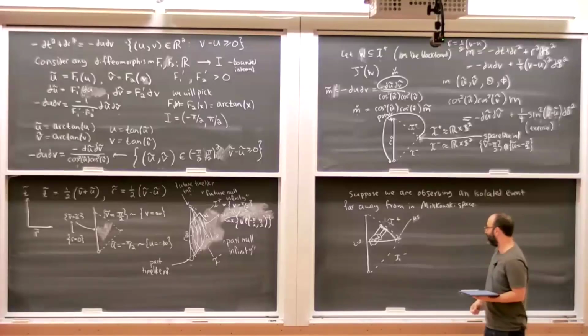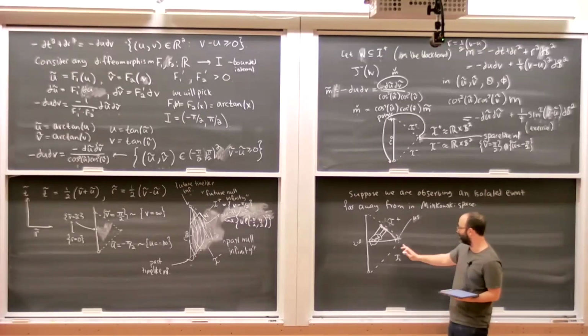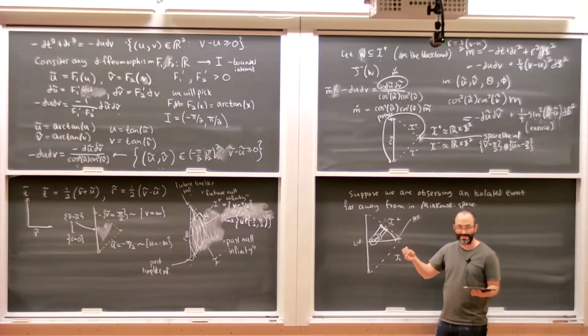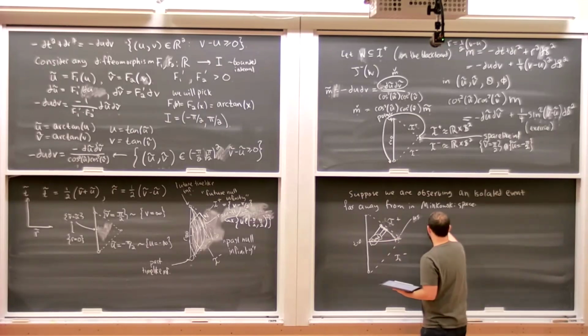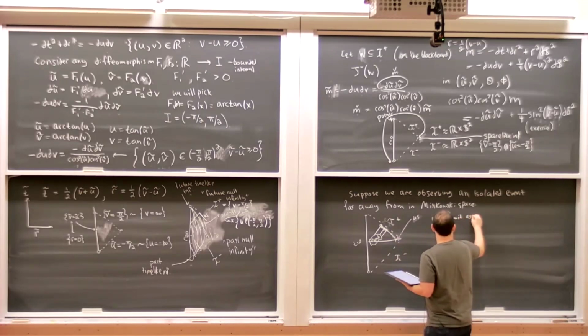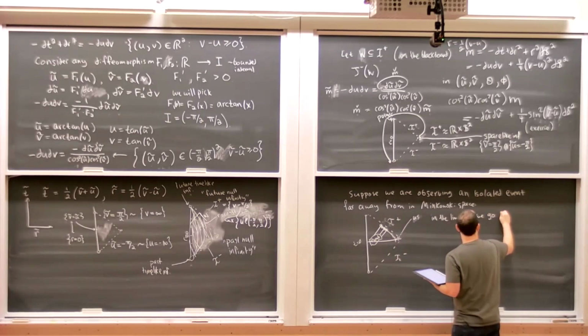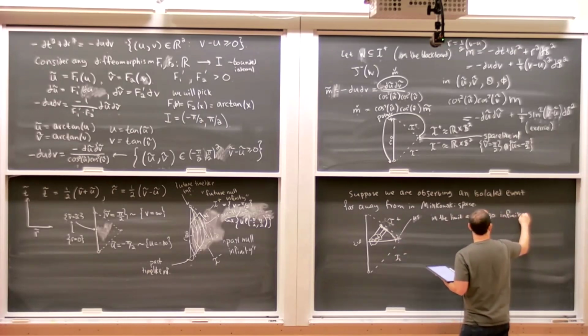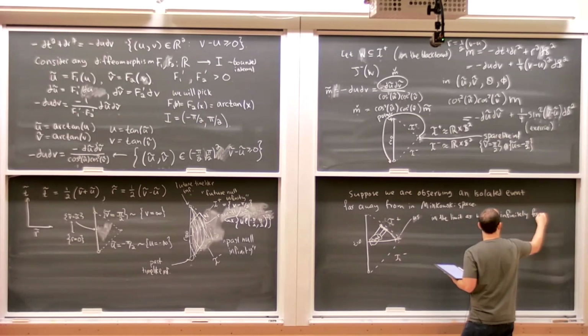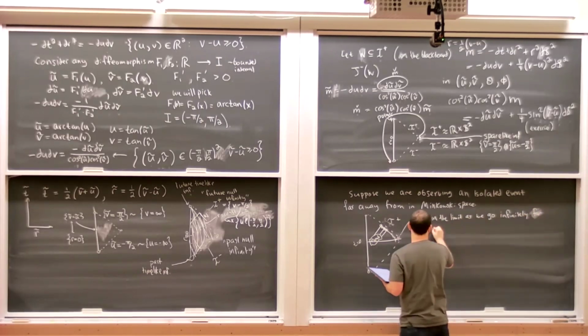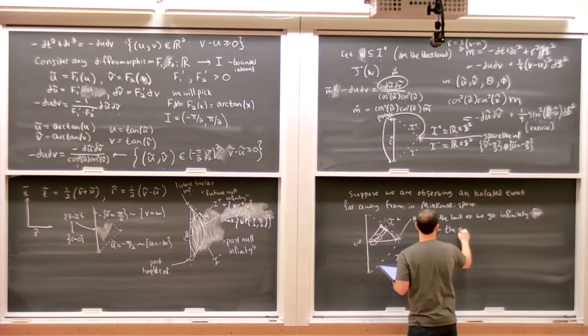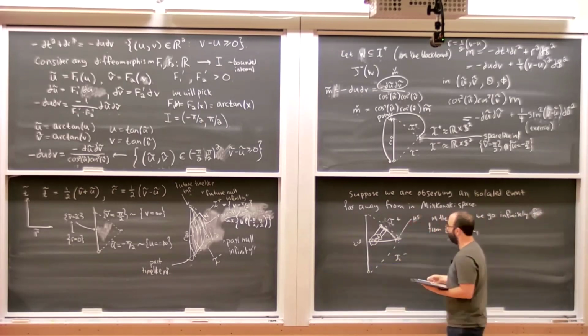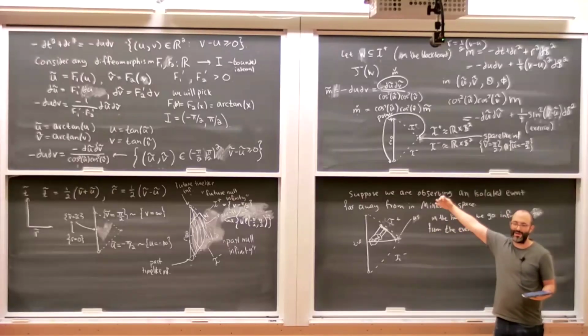And so what you see from this picture is that it's natural to consider the limiting situation where we are infinitely far away. So in the limit as we go infinitely far from the event, then we will see the event on future null infinity.